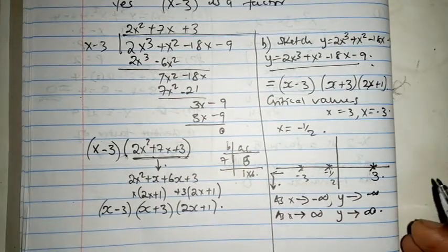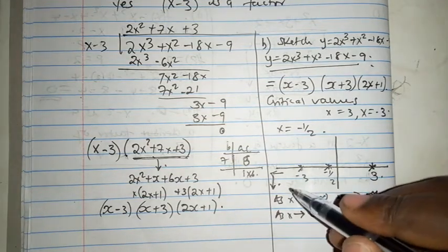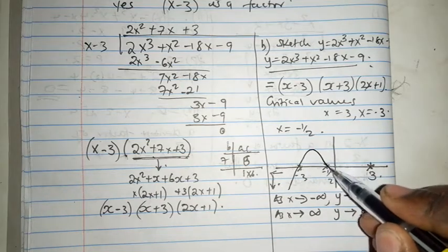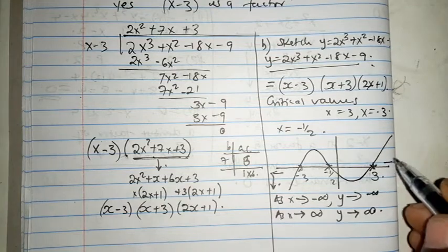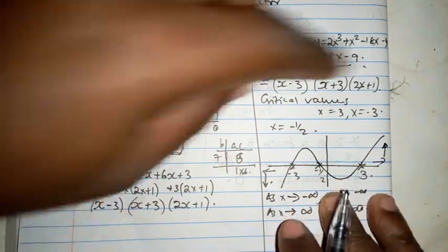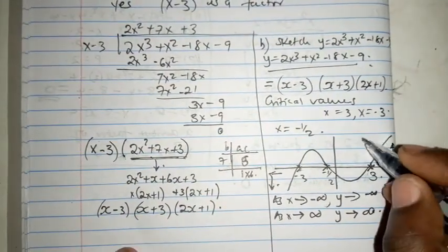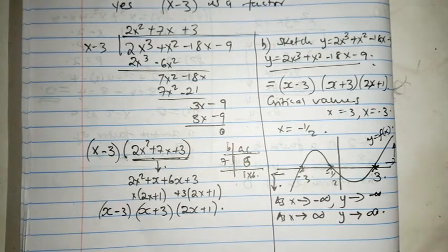So y also approaches positive infinity. So our graph looks something like this. As x approaches positive infinity, y approaches positive infinity, and that is the sketch of y equals f(x).